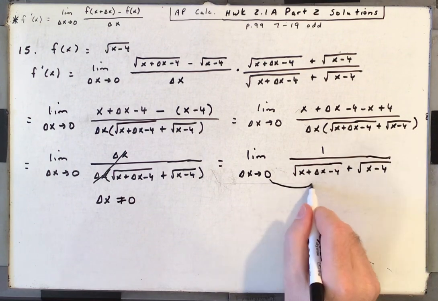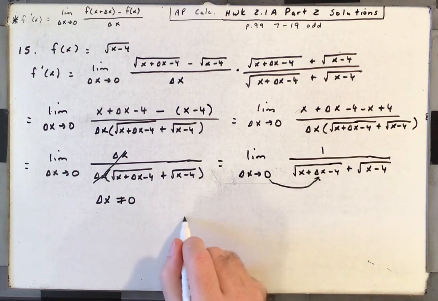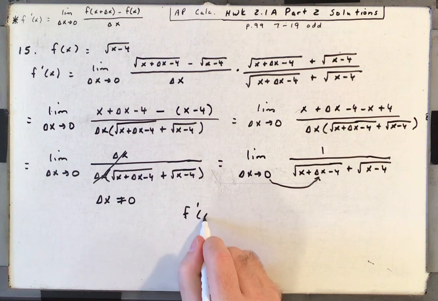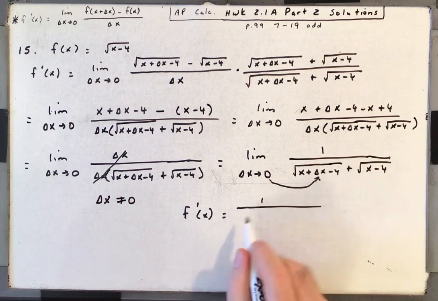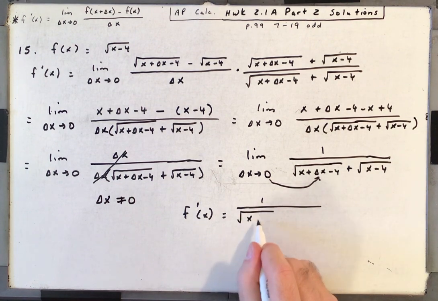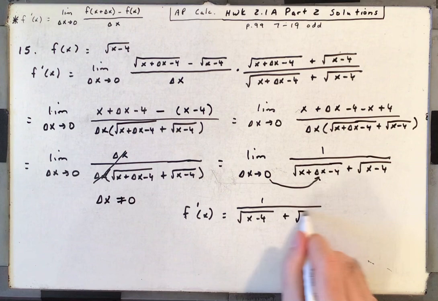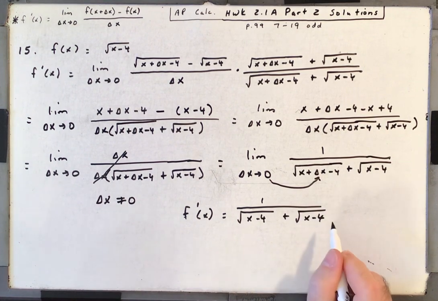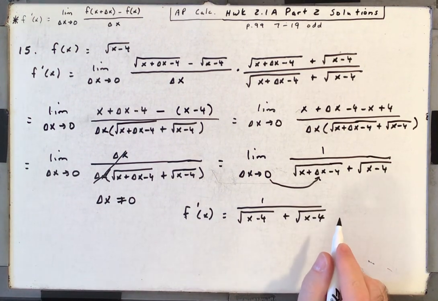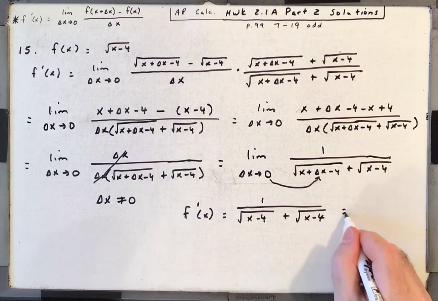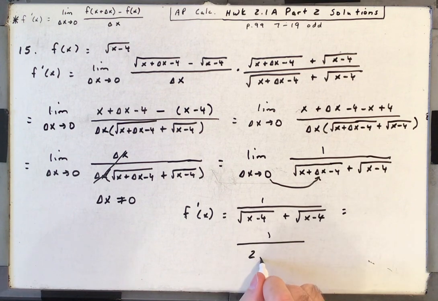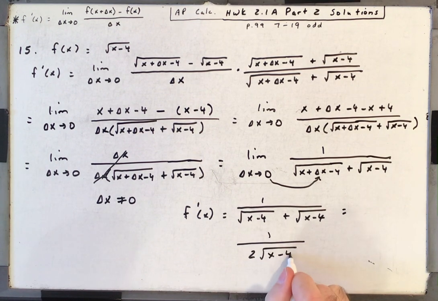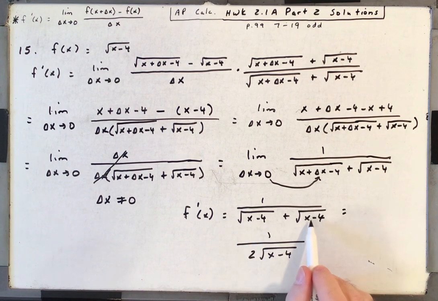Now we can plug that 0 in right there, and you have f prime of x is equal to 1 over the square root of x minus 4 plus the square root of x minus 4. All right, now a better way to write that is 1 over 2 times the square root of x minus 4, because the square root of x minus 4 plus the square root of x minus 4 is just 2 times that.